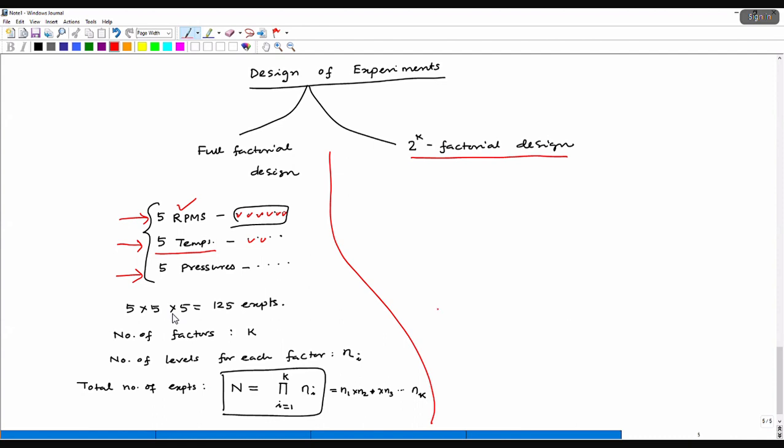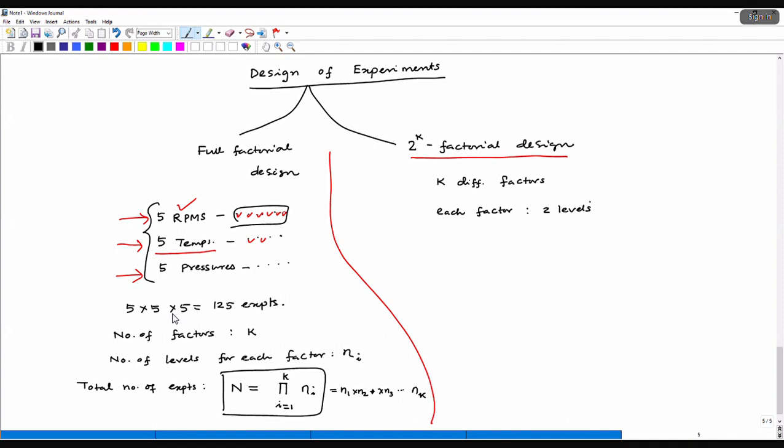So in 2 to the power k factorial design, let's say you have k different factors. And initially, for each factor, you try with 2 levels.